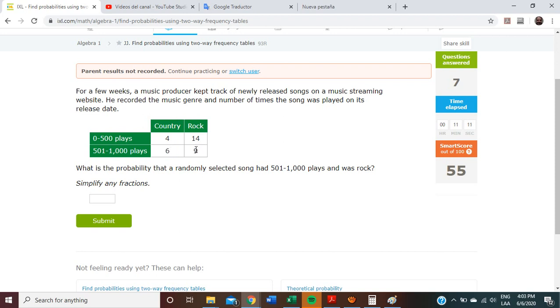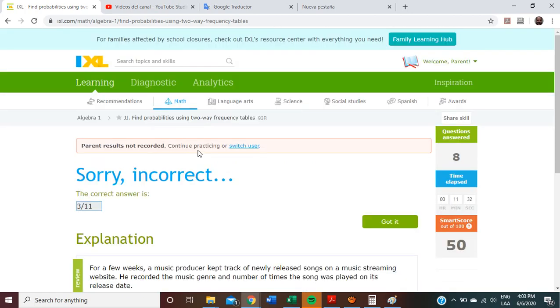Rock, this one is my answer. So 9 is my answer. 9 out of how many? So 14 plus 4 equals 18. 18 plus 6 equals 24. 24 plus 9, 32. So 9 out of 32.